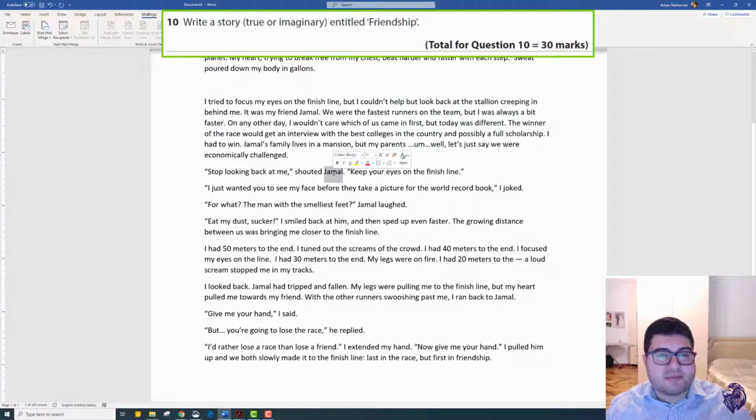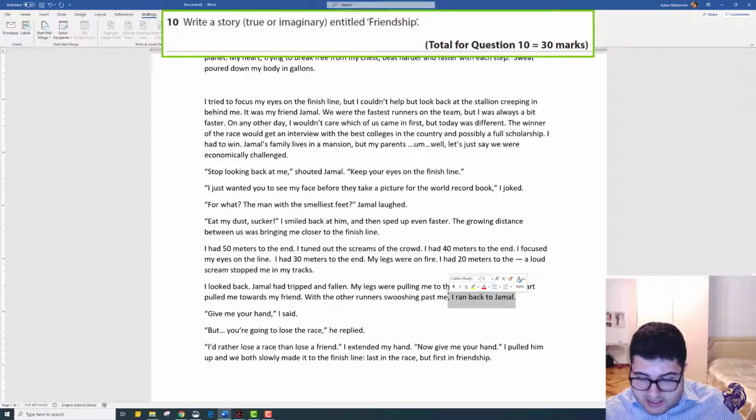That tells us something about his friend Jamal. Even though they're competitors, their friendship comes first. And then character through action. That's actually the biggest element in my story, because even though he wanted to win and there was a lot on the line, he went back. He went back to help his friend.